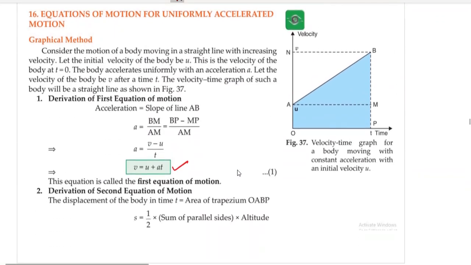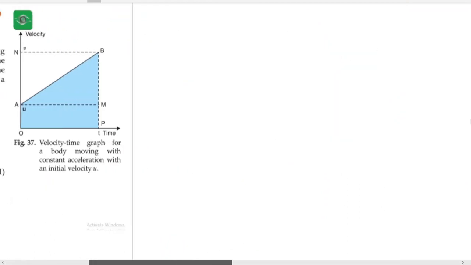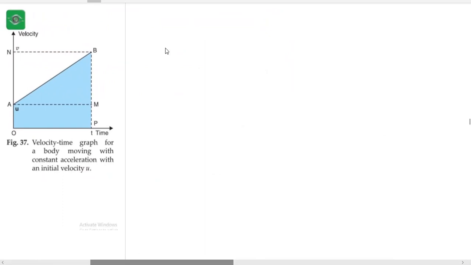So you will ask me, sir, what is the use of these equations? So listen to me. See, in physics, we have studied many quantities till now. The important quantities are T, that is time, S, that is displacement or distance, V, that is initial velocity, U, that is final velocity, and A, that is acceleration.